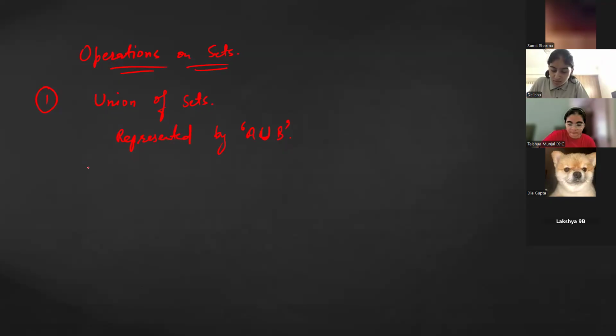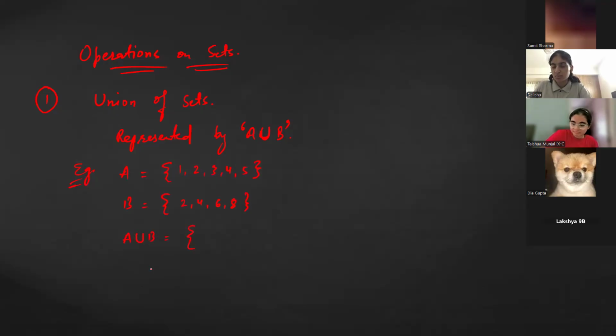Let me give you an example here. For example, if A is a set having elements 1, 2, 3, 4, 5, and B is another set which has 2, 4, 6, 8, right? So what do we mean by A union B now?